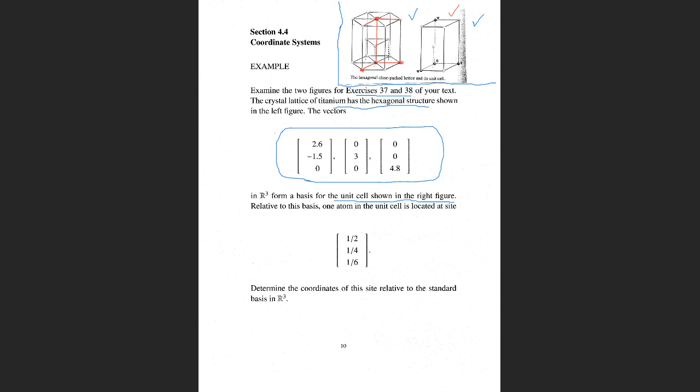It's a parallelepiped. Okay, it's a brick, and they're extracting it and showing it on the figure on the right.